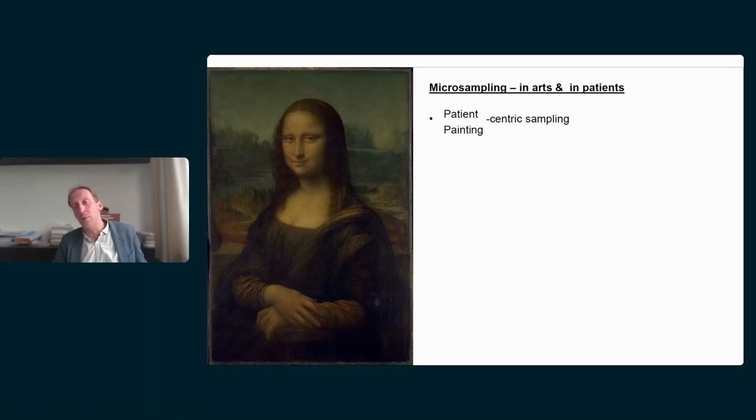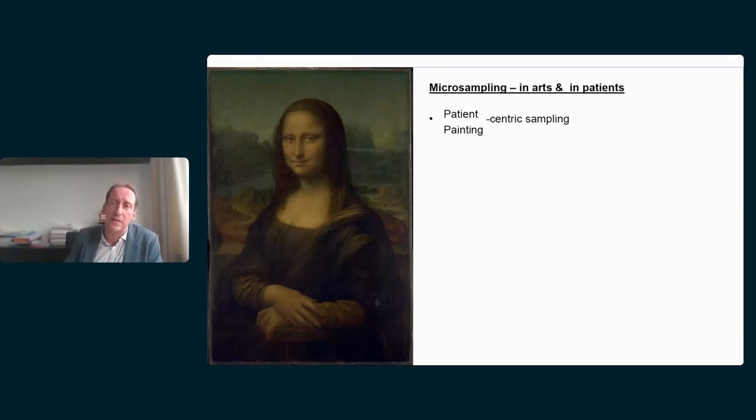So obviously in this context, this painting-centric sampling does not imply sampling at the center of the painting, and also obviously not in the fingertip here, but at the site where actually we can get relevant information about what we actually want to deduce from this painting. What about the ground layer, the paints, the mixtures that have been used, and so on? Which are those things that were used by Leonardo da Vinci in the early 16th century?